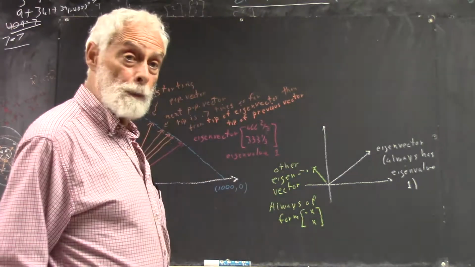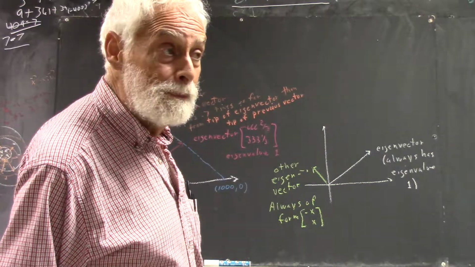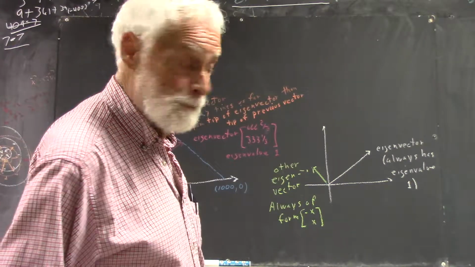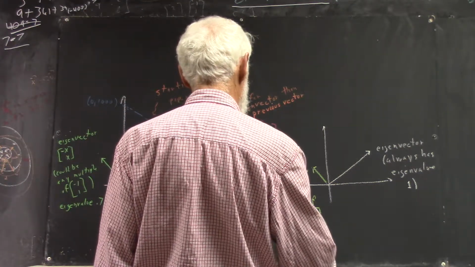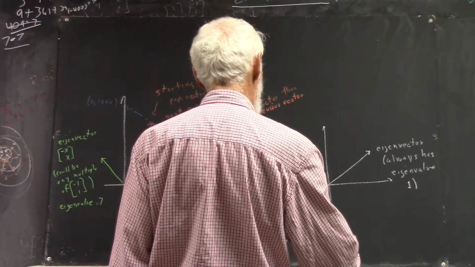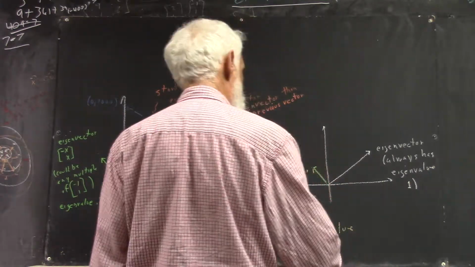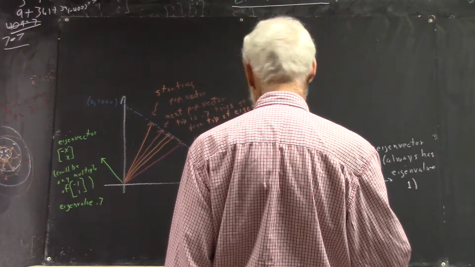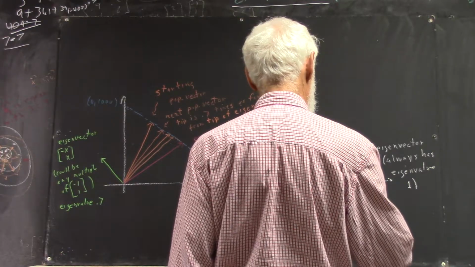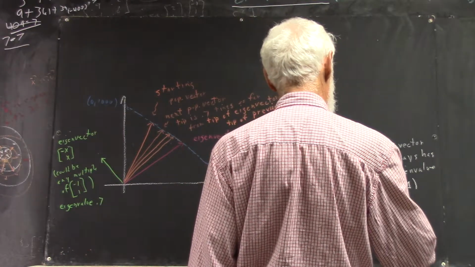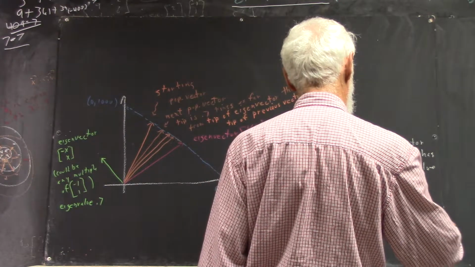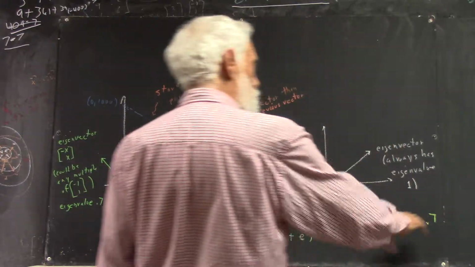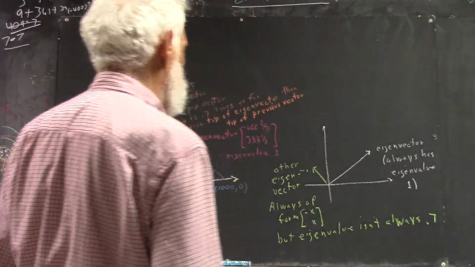It's always in the form negative X, X. Is that a negative 0.1 beside that vector, or is that something else? But the eigenvalue is not always 0.7.